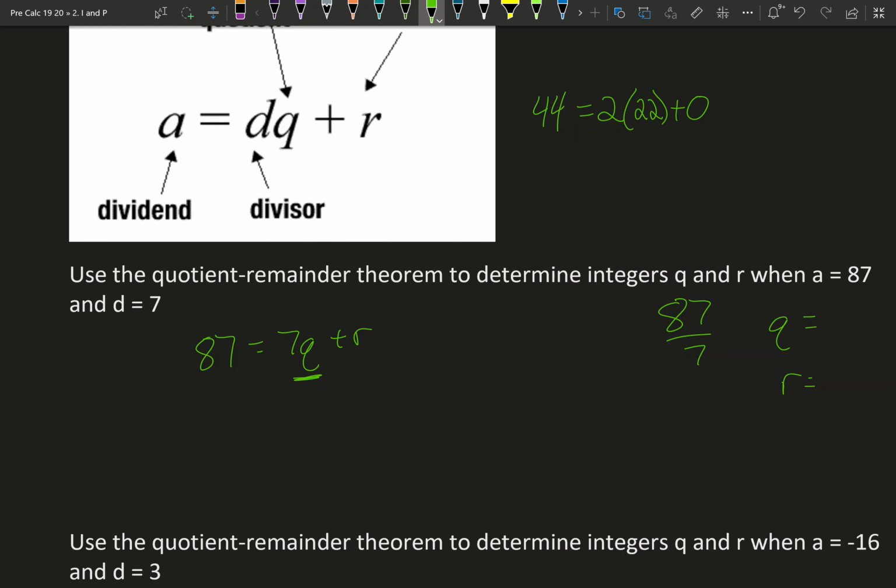So what we need to do is pick a multiple of 7 that is less than 87. Okay, so 7 times 11 is 77. So 7 times 12 is 84. Okay, great. Let's do that. So our quotient is going to be 12.